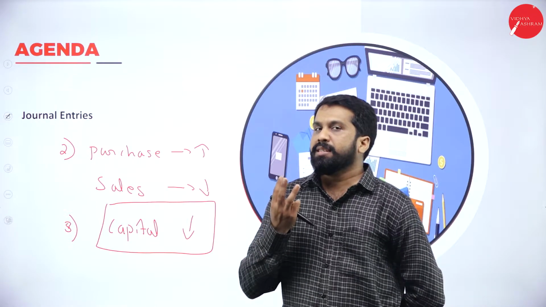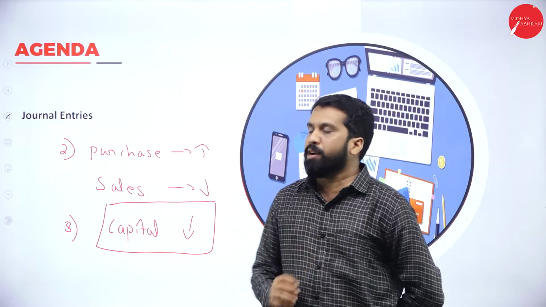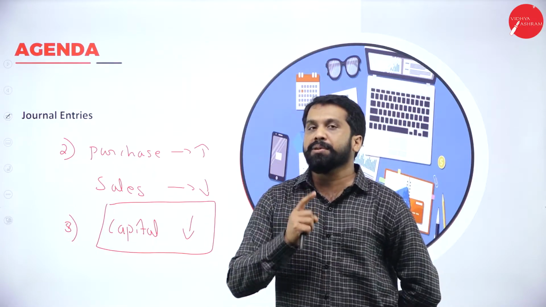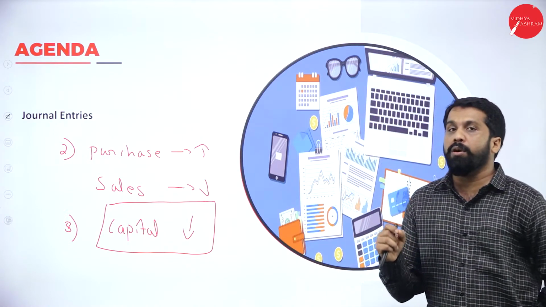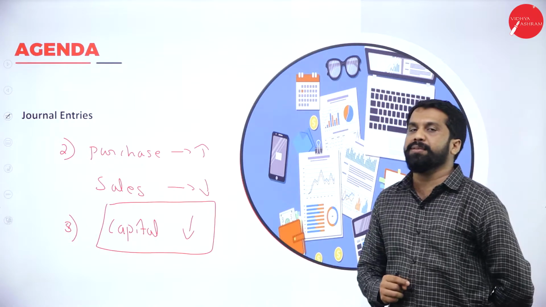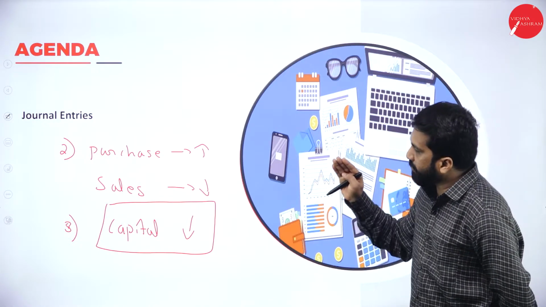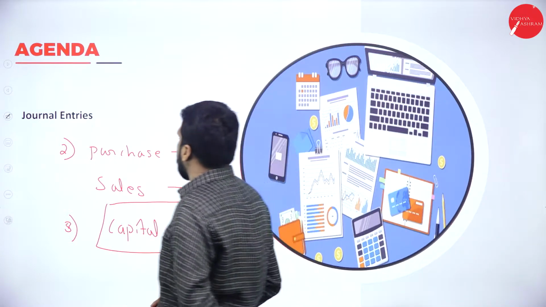First one is over. Second one, purchases always up, sales always down. You have to write this so that it will be easy for you. And capital always down. How to implement these things, I'll explain while doing the journal entry. But just write this down. Now, your hint number 4.